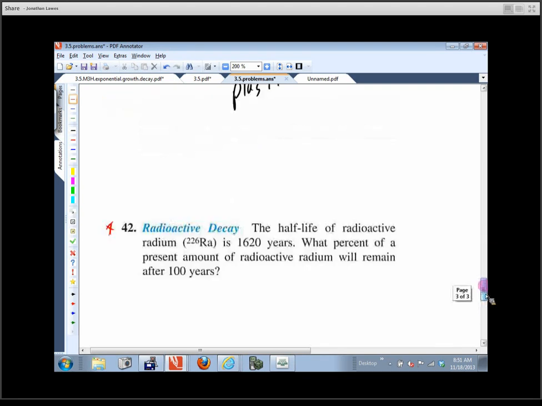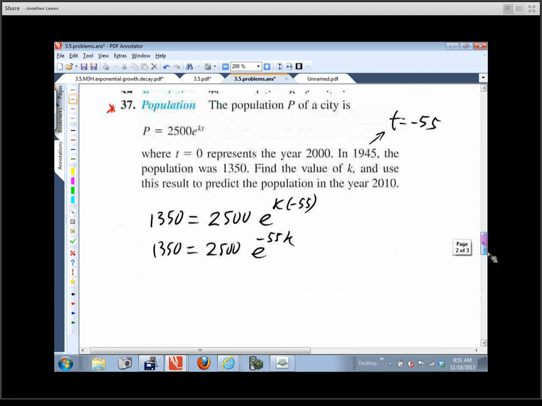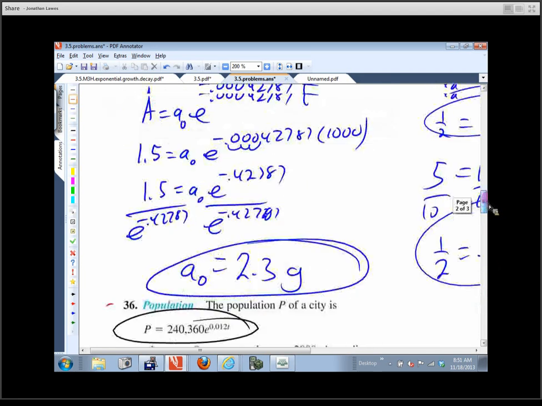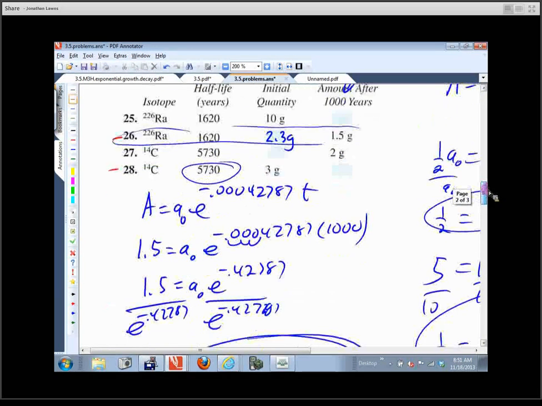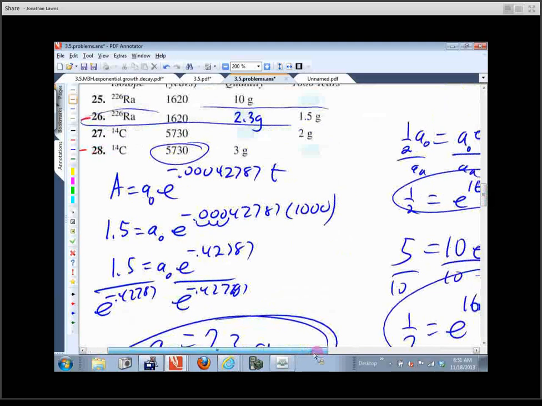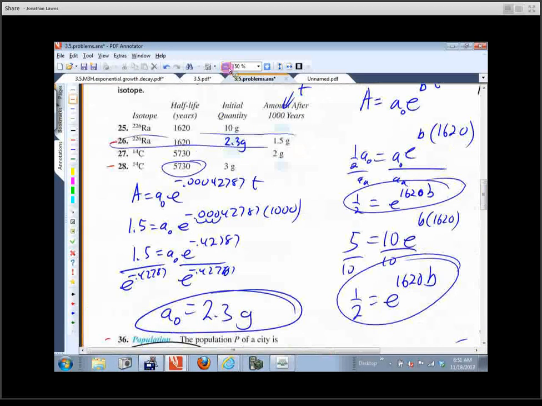Let's slide this back up here. Number 26. What did we figure out on this one right here? Could you figure out what B is? That number right there is the same B, the same constant that you'd use. Well, let's see. Oh, we did figure it out right here, didn't we? This is it right here.